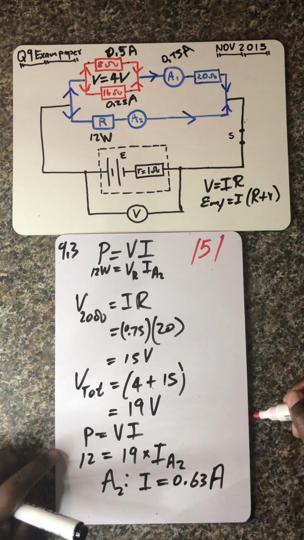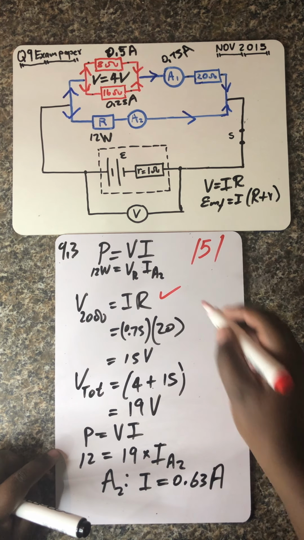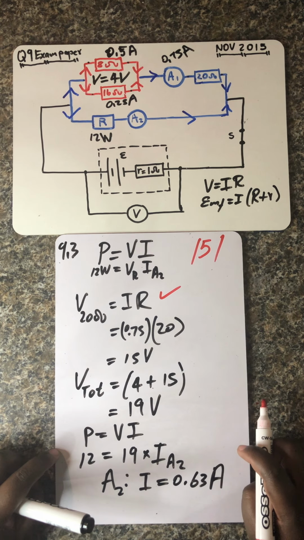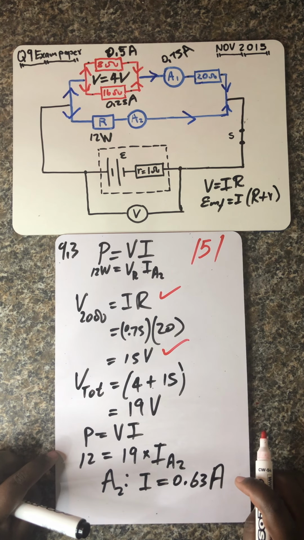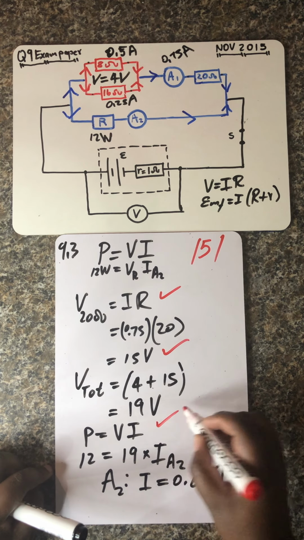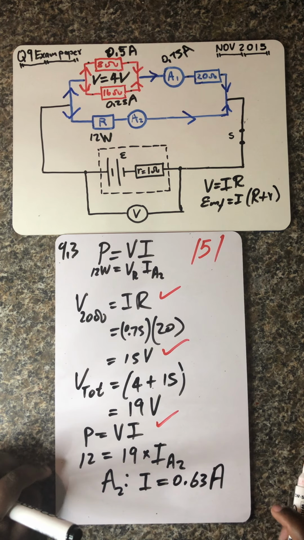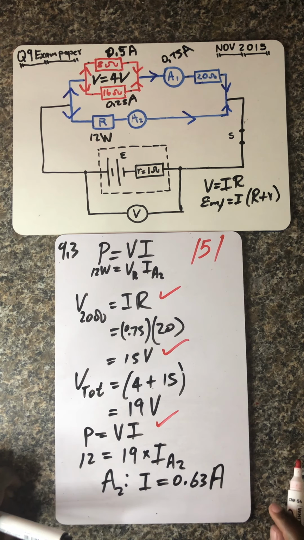Where do you score your first mark? They'll obviously give you the first mark for writing that formula, and again for you to calculate that V, they're going to give you a mark, and again they also give you a mark for that formula.